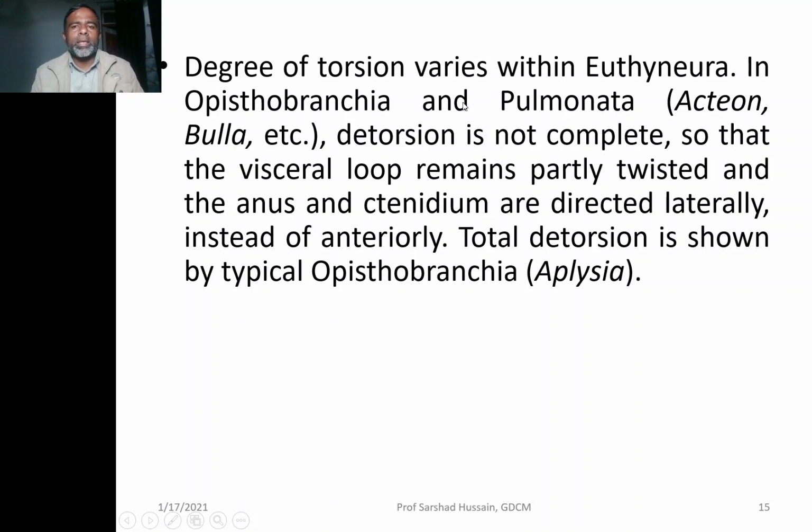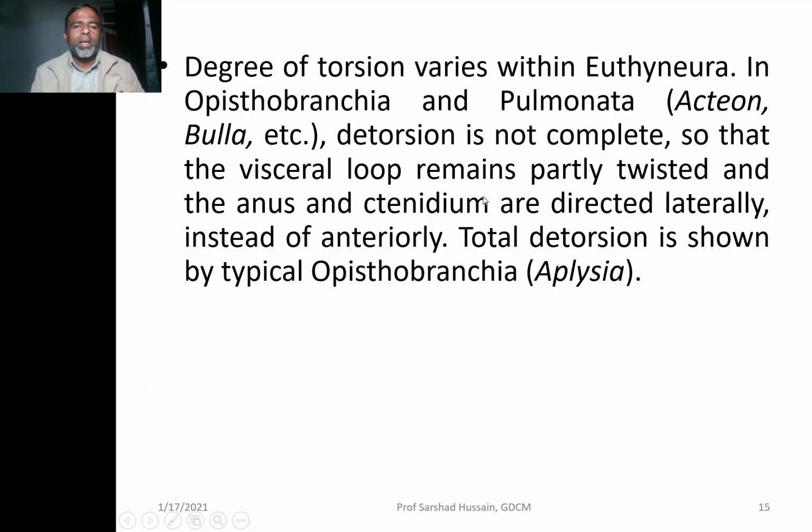The degree of detorsion varies with euthyneura. In opisthobranchia and pulmonata, detorsion is not complete, so the visceral loop remains partially twisted, and the anus and the ctenidia are directed laterally. As you must remember, two steps were there: one was the loop formation, and next was the lateral twisting.